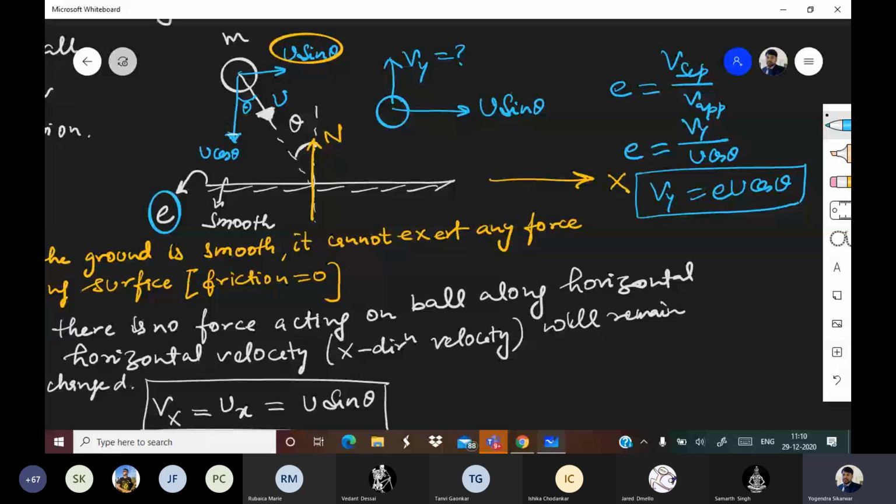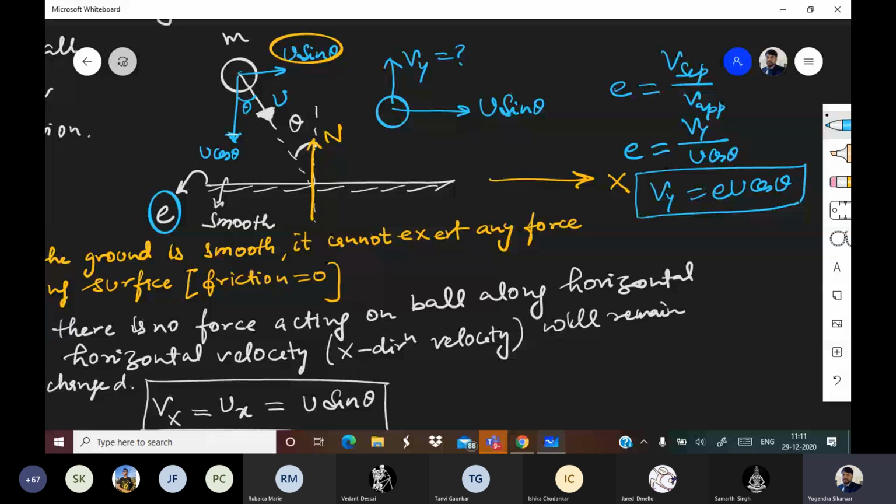One more thing which I want to tell you. In this question, this was an oblique collision. We did not know in which direction we should apply E's equation.